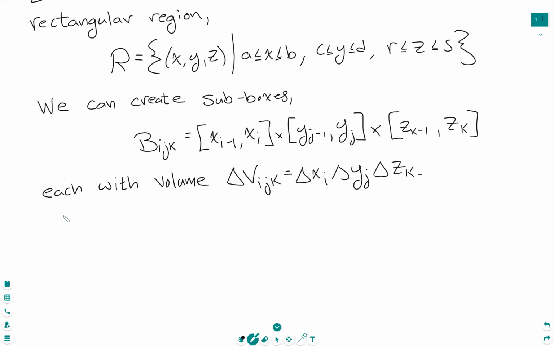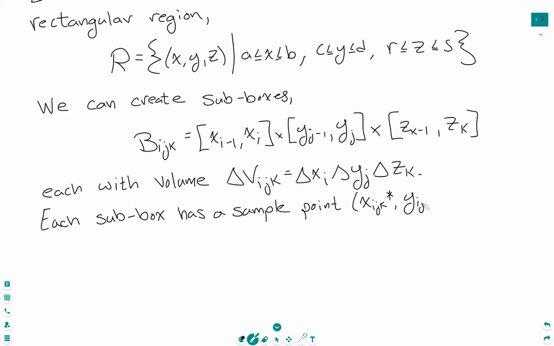Okay, so each sub box has a sample point: x ijk star, y ijk star, and z ijk star.